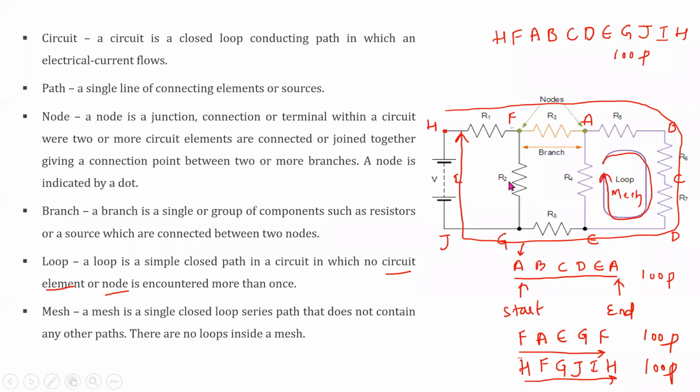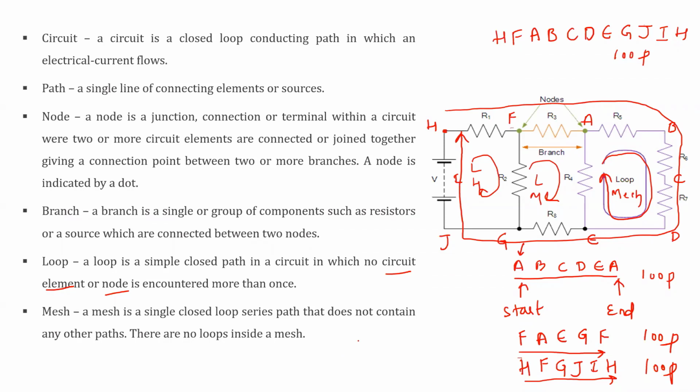The reason is we don't find any other loops inside this loop. And also F, A, E, G, F is a loop as well as a mesh. And also H, F, G, J, I back to H is a loop as well as a mesh.